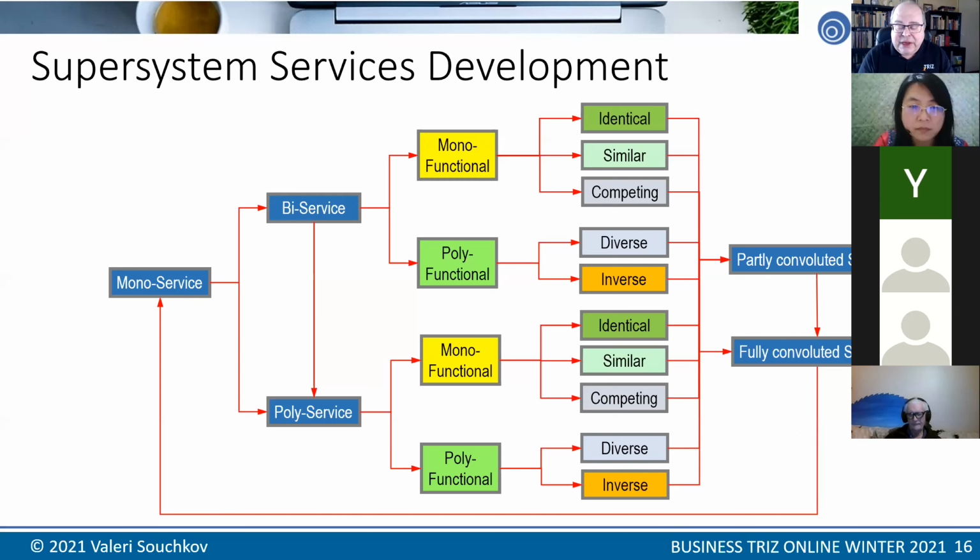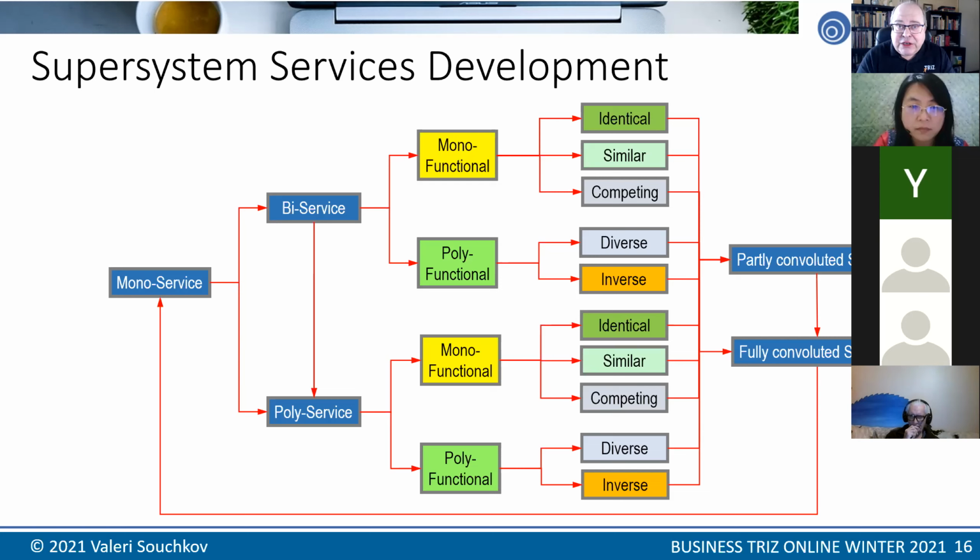The 2 rooms can be identical, or they can be similar, let's say a standard room and a luxury room. And so you can have competing services. For instance, you have hotels and you have hostels. So you can have 2 rooms, where one room is a normal hotel room, and another room can be a hostel room, where you have like 15 beds and so on.